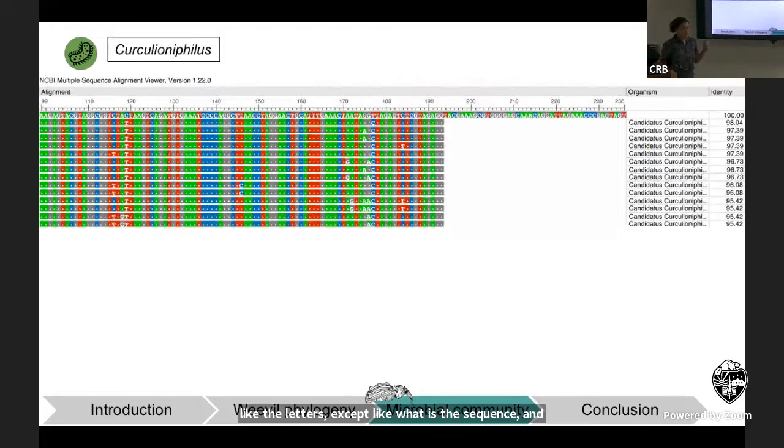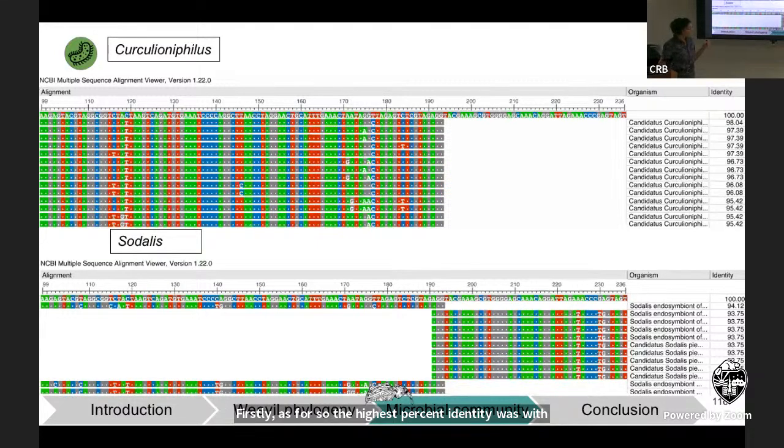It makes an alignment just on the sequences, and this is really small, sorry guys, but essentially what I found was that all of those sequences on that super long branch identified firstly as Herculeonophilus. The highest percent identity was with Herculeonophilus, and Sodalis not as much.